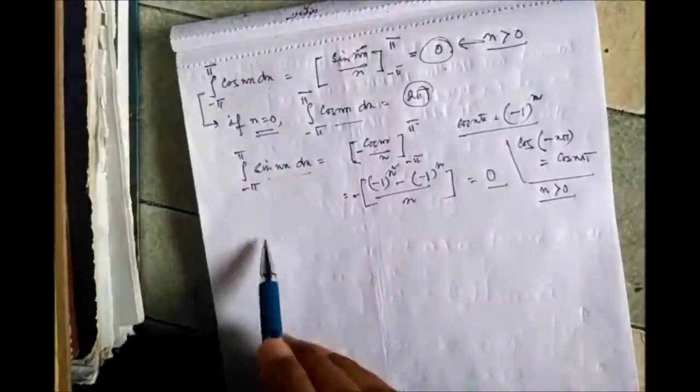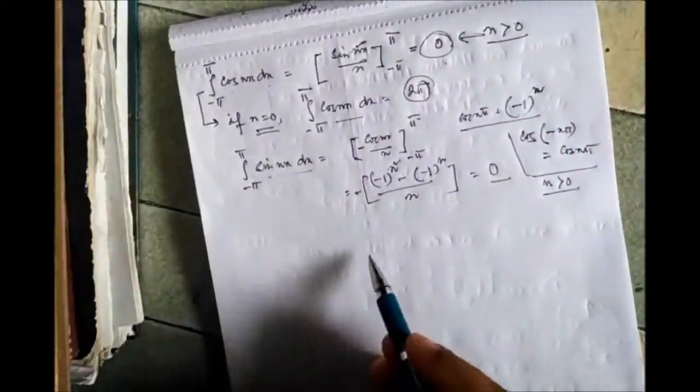And as the cos function is an even function, cos of minus n pi I can write as cos n pi. So for n greater than 0, this integration of sin nx also gives me 0.